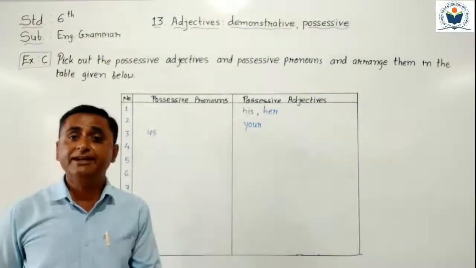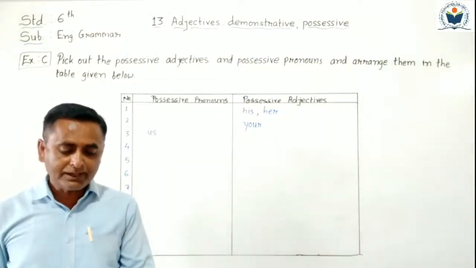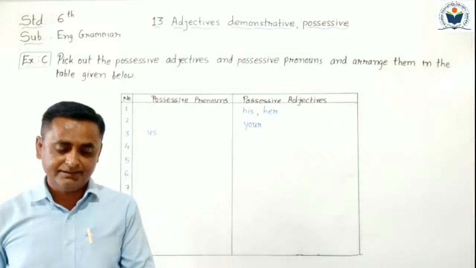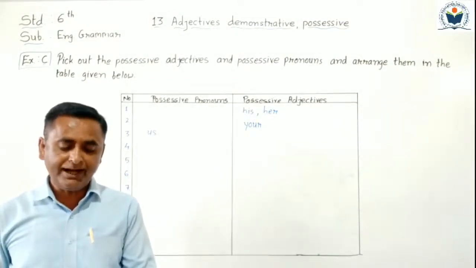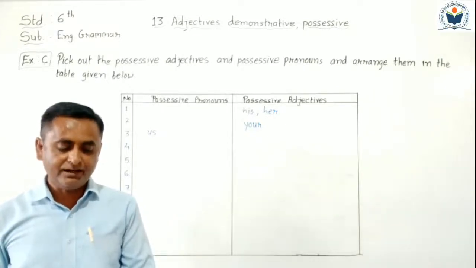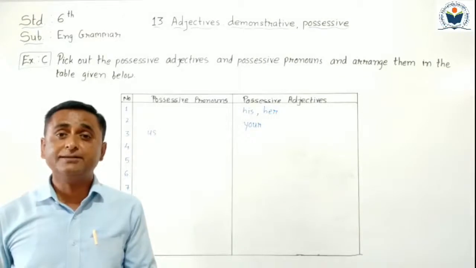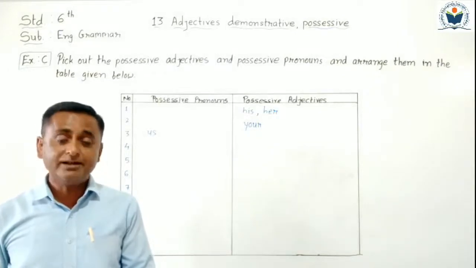Now the fourth sentence we have to see. Sentence number 4: the cupboard on the right is his. Do not touch it. Here, his is used as a possessive form, but we have to decide whether it is a pronoun or an adjective.